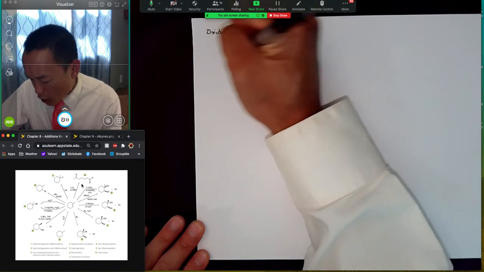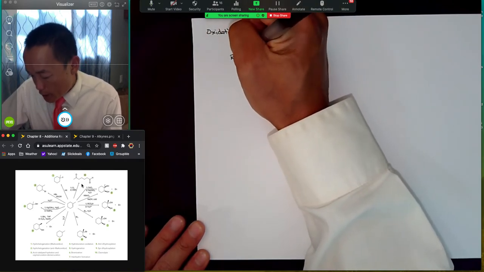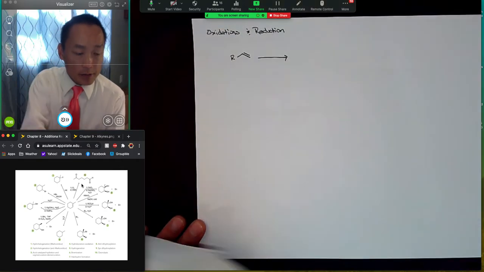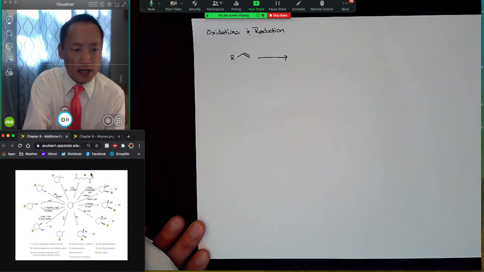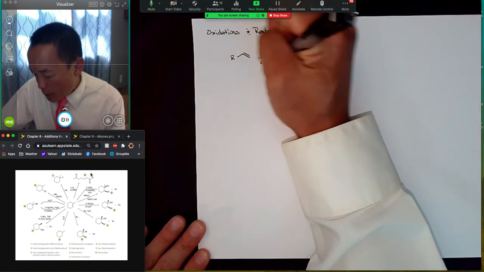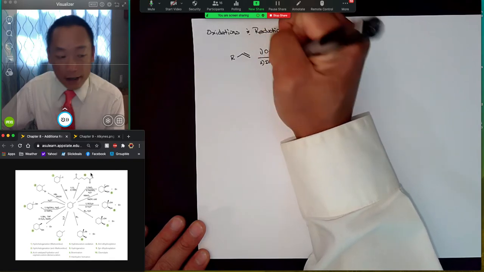Here's my carbon residue. And I want to take a look at the ozonolysis reaction, which is the one that my cursor is pointing to here, number 10. And that is the addition of O3 followed by dimethyl sulfide.